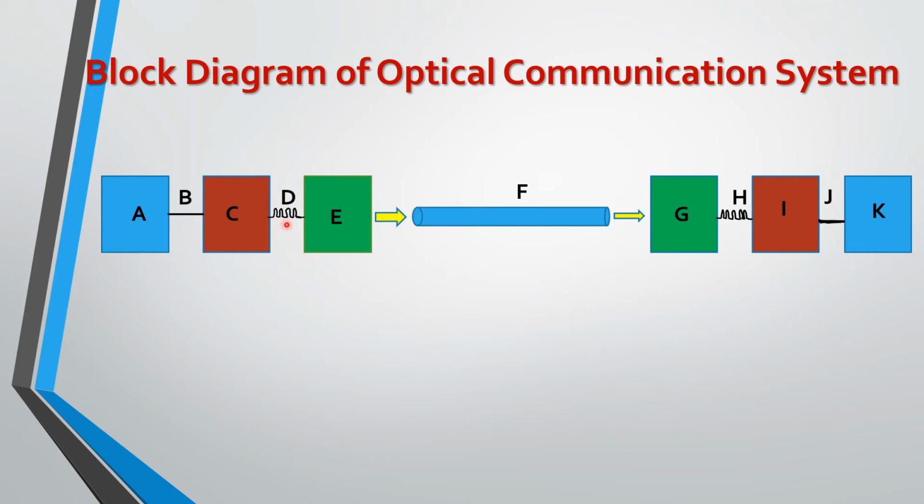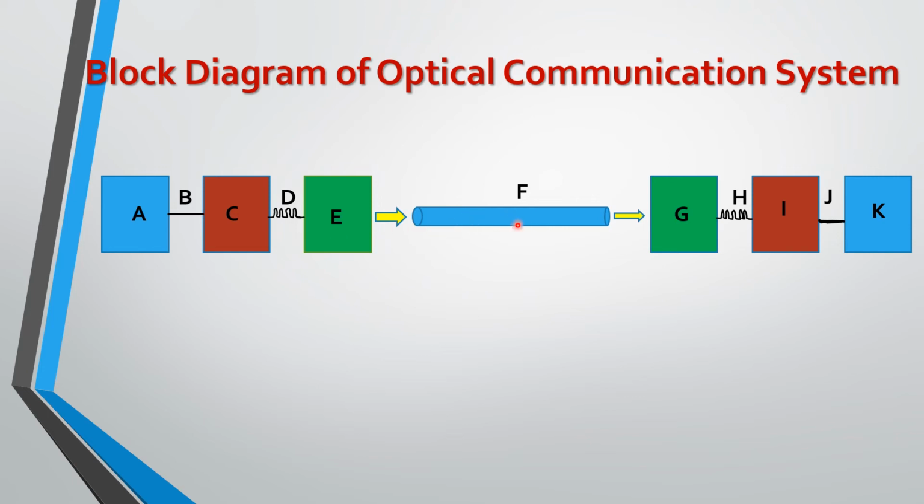And D represents the digital electrical pulses proceeding towards the optical transmitter E. This optical transmitter consists of an amplifier and semiconductor laser or LED. E generates optical pulses, that is electrical pulse coded signals.